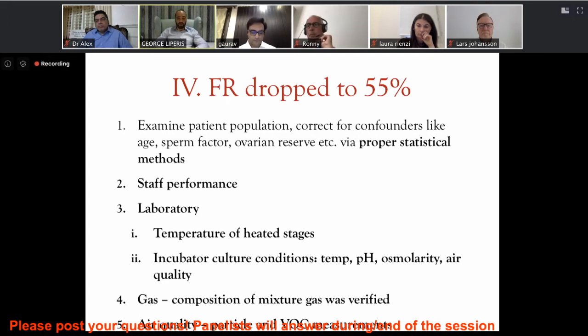Also, for air quality, I know Ronnie and Lars spoke a lot about that in the previous question. We have to be able to verify that, especially when it comes to ICSI, where we're exposing the gametes, especially during the macromanipulation, for longer periods to laboratory air.